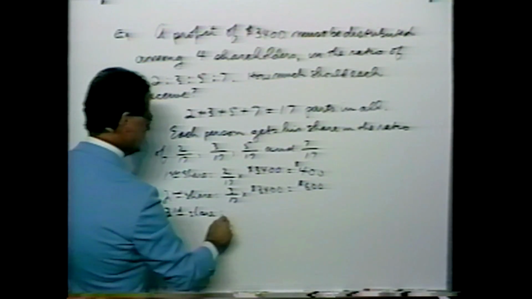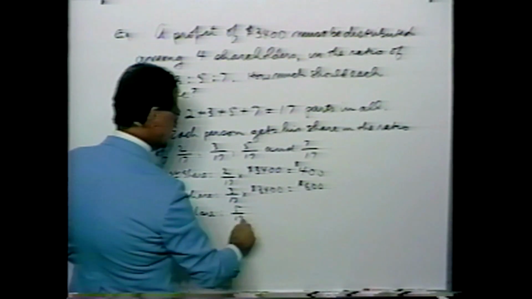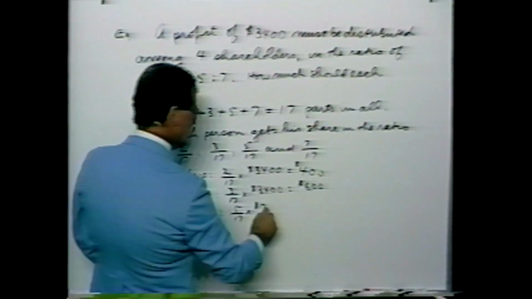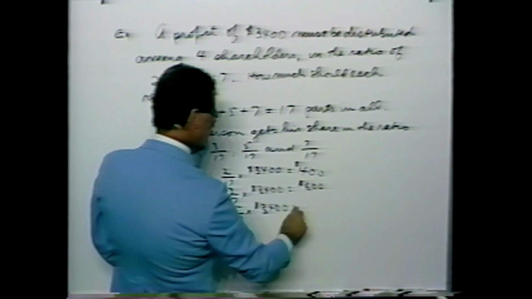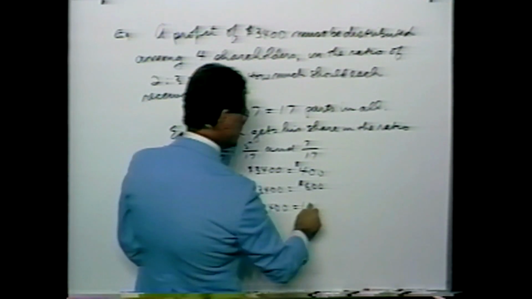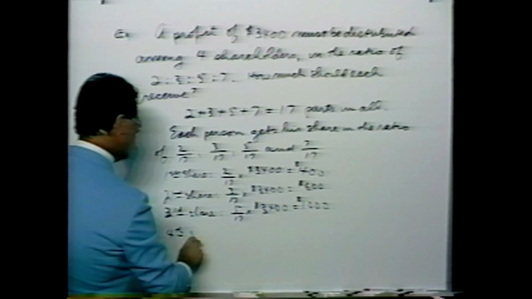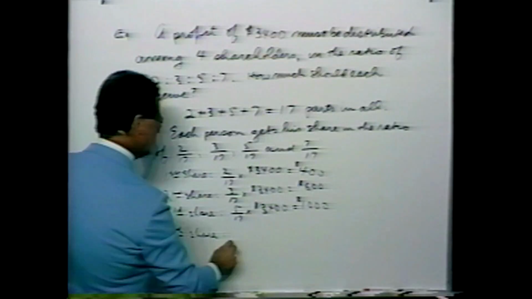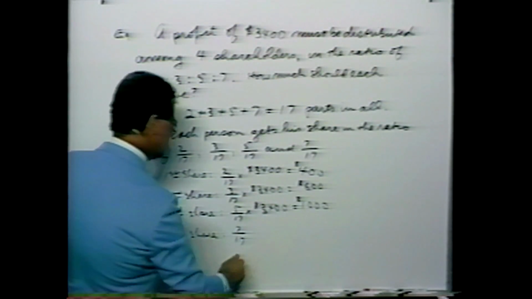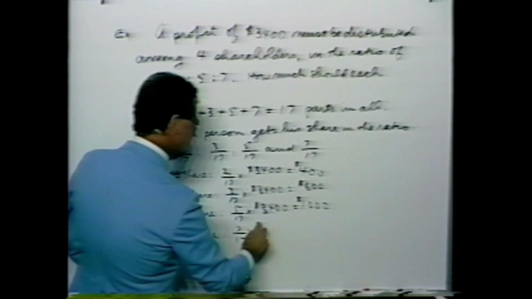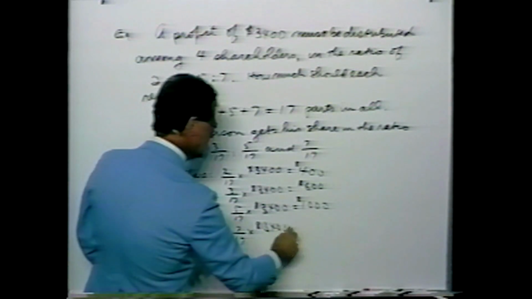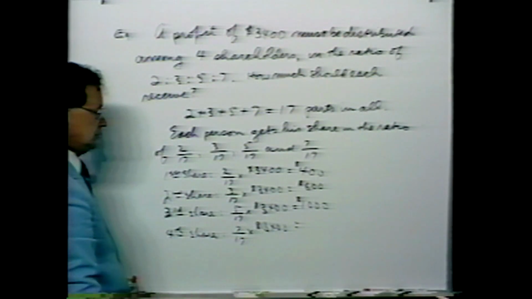The third share is equal to 5/17 times $3,400, and that is equal to $1,000. And finally, the fourth share here is 7 over 17 times $3,400, and that is equal to $1,400.